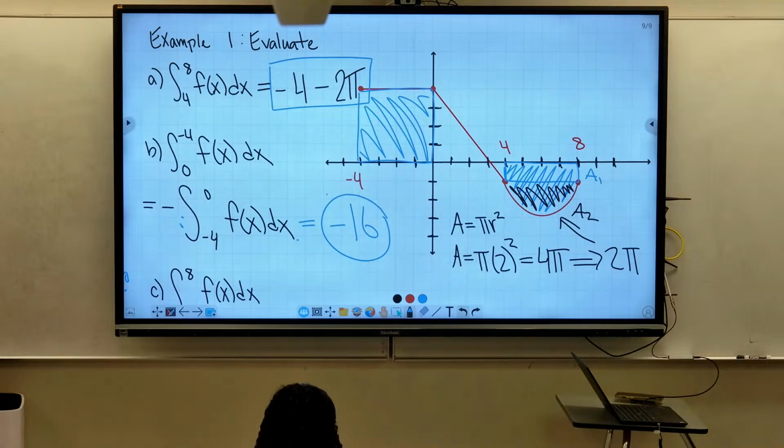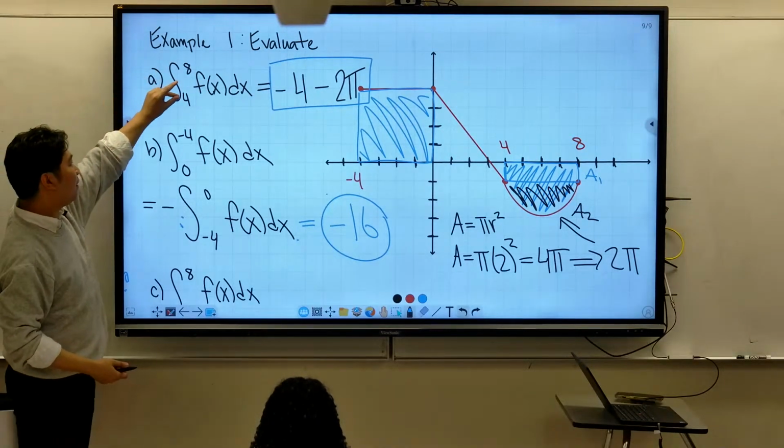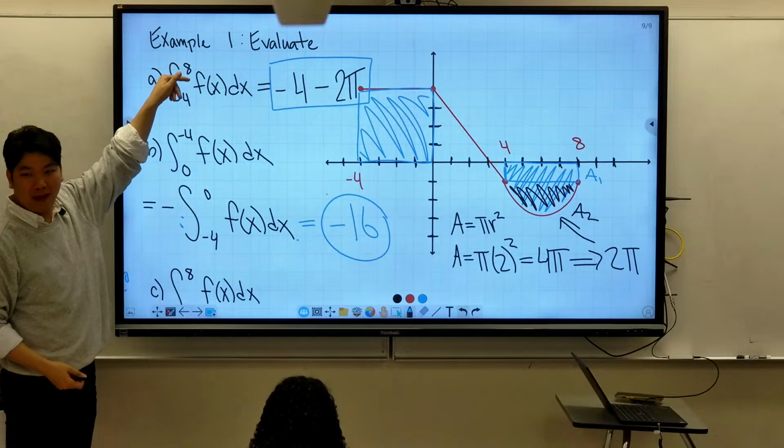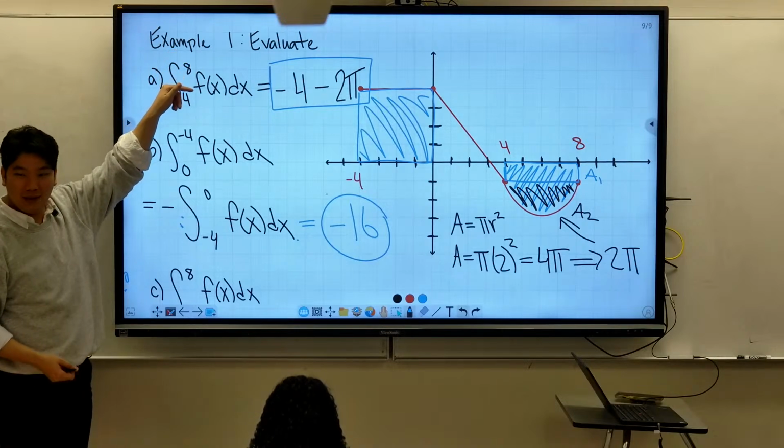Without changing the integral's notation, if we just remember that if a negative is on top, your answer is going to be negative, could that be a quick way to do it? No, not necessarily, because you can have both bounds be negative, and then your answer is positive or negative. The only thing I was worried about here is that we usually like a smaller number on the bottom. For example, if this was 8 to 4, I would have wanted to swap that too by making the whole thing negative.